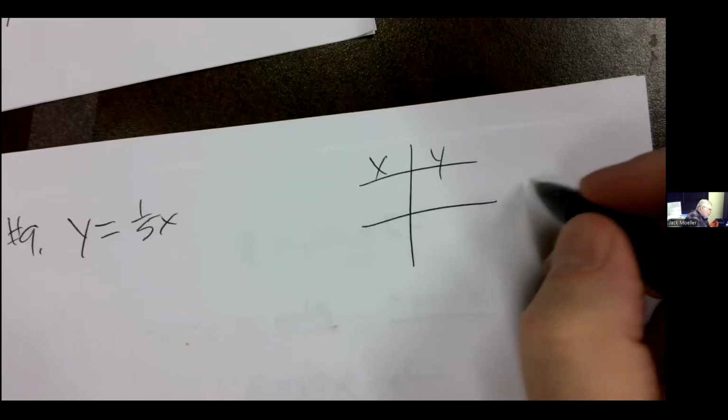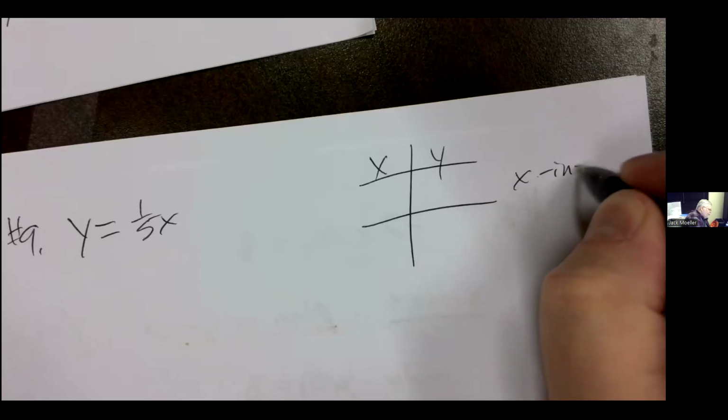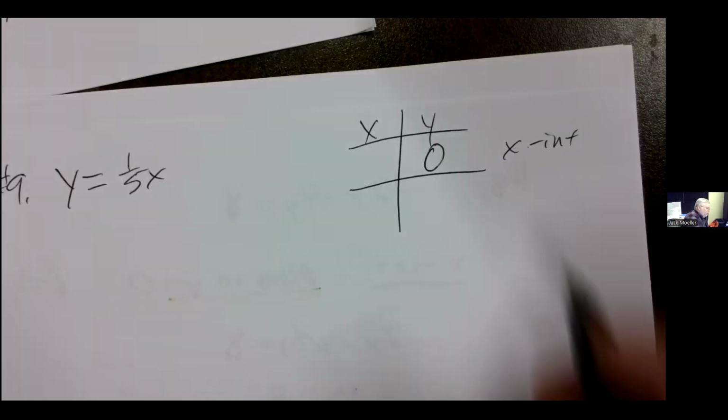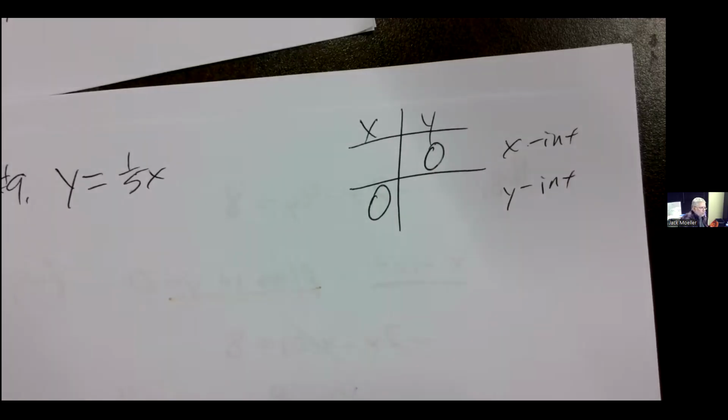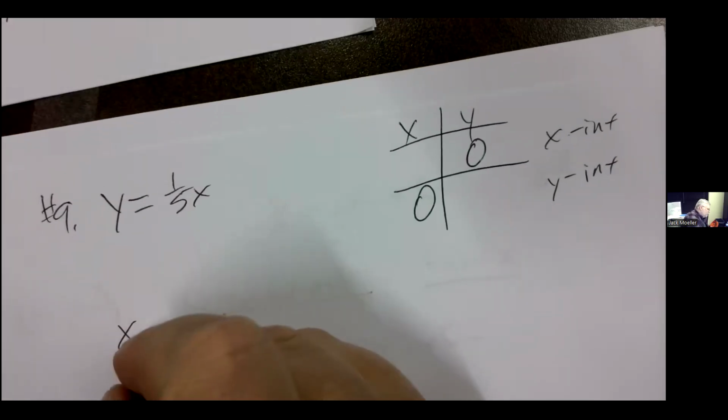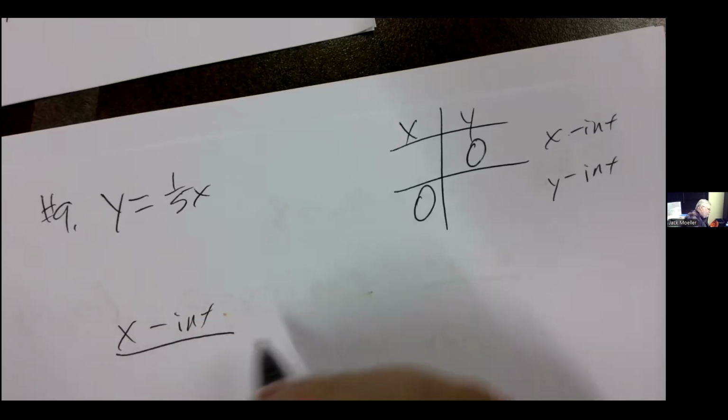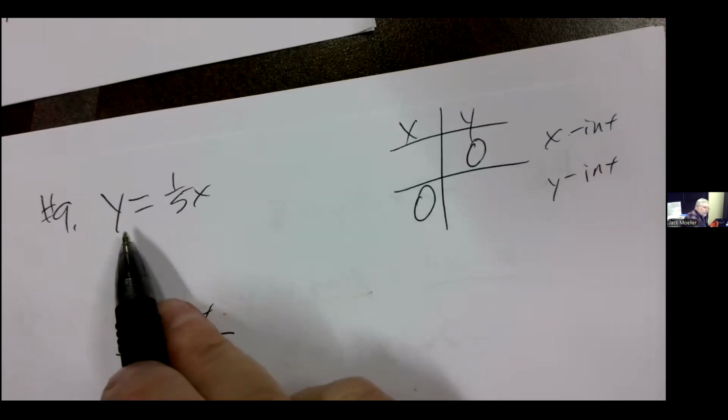For the x-intercept, we want y equals 0. For the y-intercept, we want x equals 0. Let's do the x-intercept. We're going to plug in y equals 0.